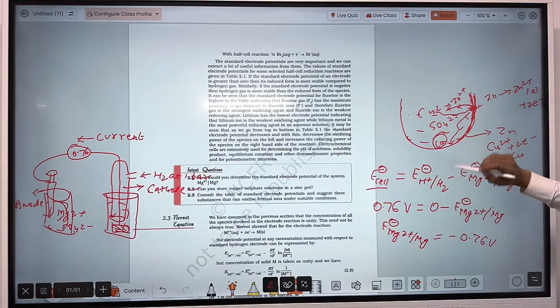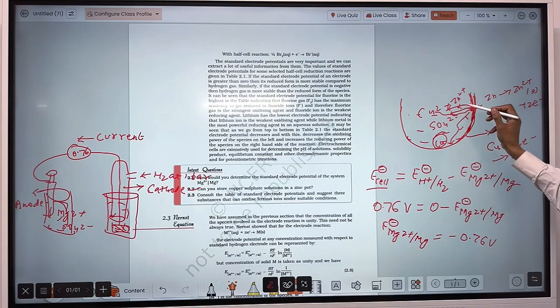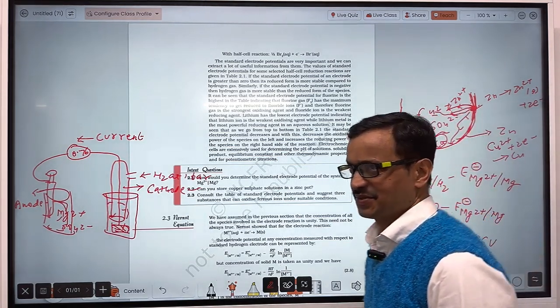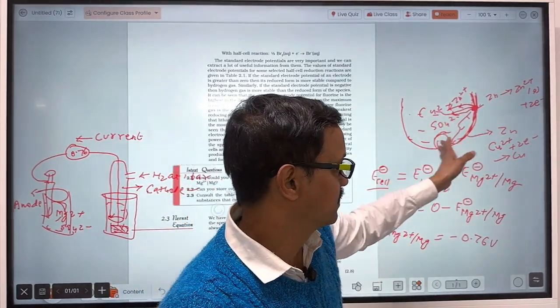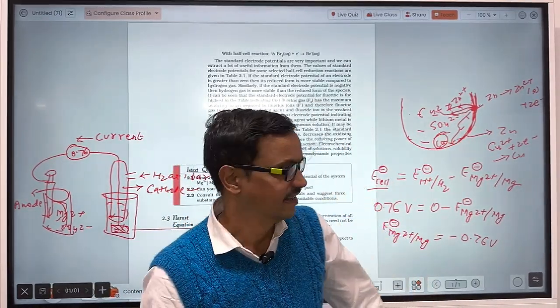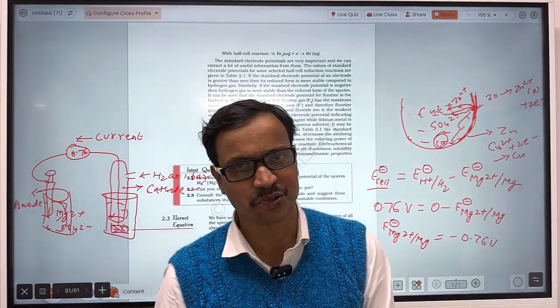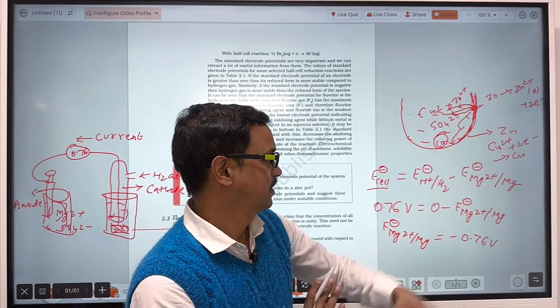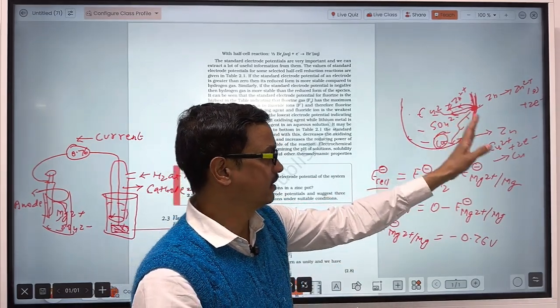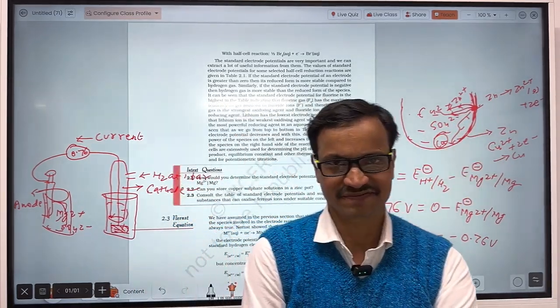When this process continues, the vessel will become porous after a certain time, and hence you cannot store CuSO4 solution inside the zinc pot.